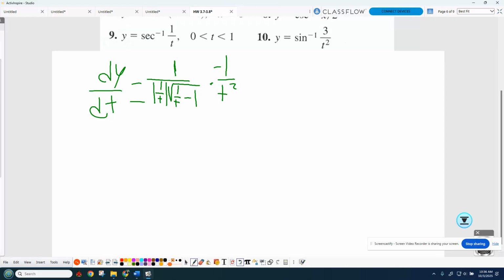It's close. It's missing one little thing. What's he missing? Within the square root, t is squared, so it's 1/t squared. Oh, yeah. Yep. So secant has the jail bar stuff.